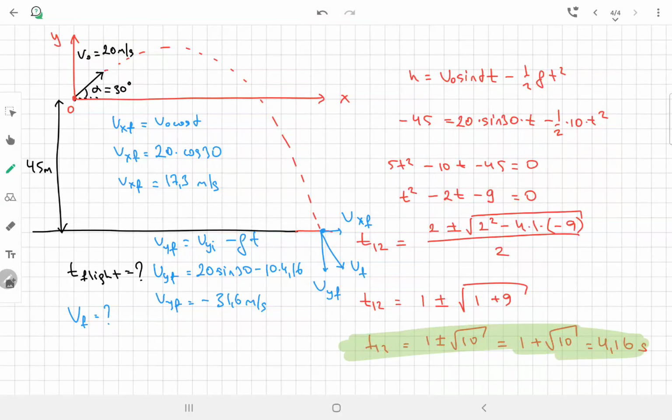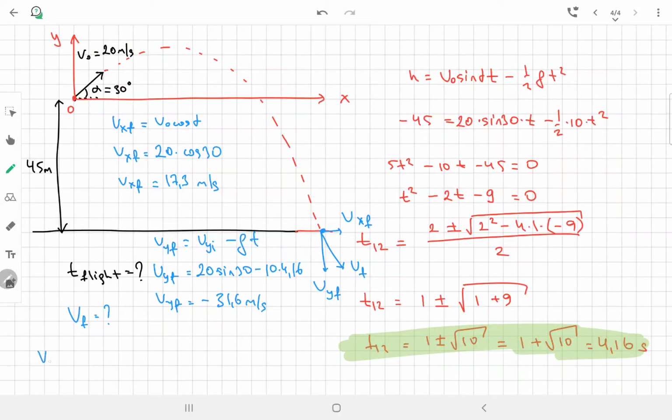Now we need to find the final velocity, and this final velocity is a combination of the x component and the y component, which we just calculated.